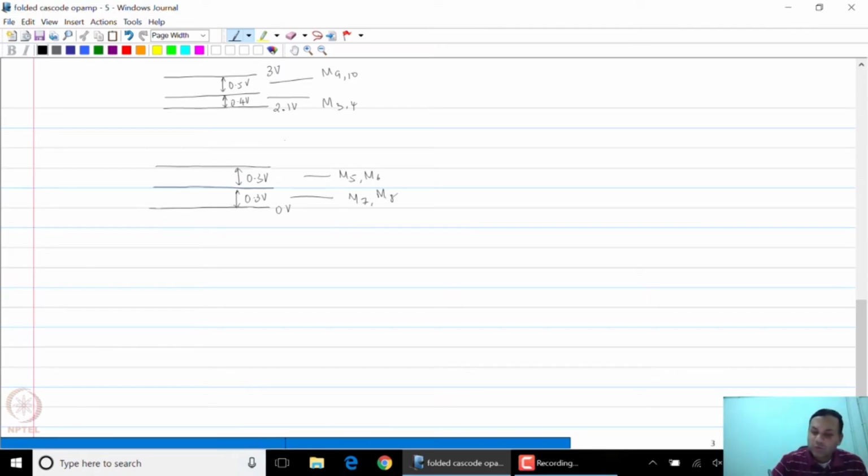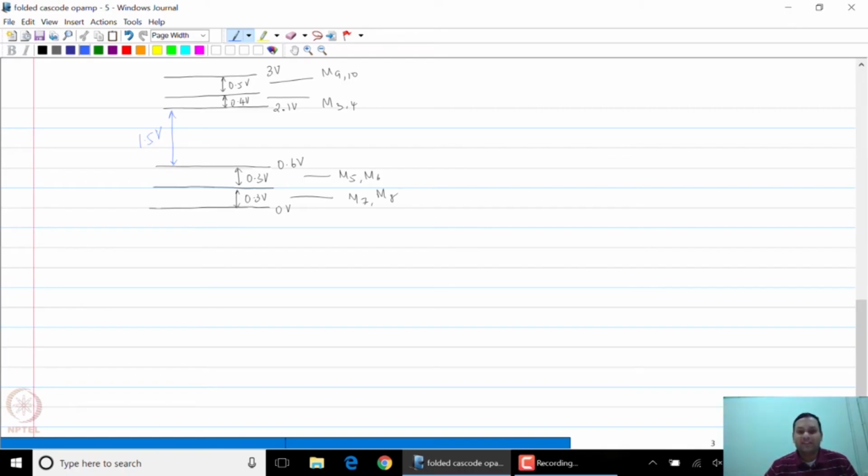Therefore the lowest level is at 0.6 volts. That gives us 1.5 volts of allowable swing, which is exactly what we wanted. We have 1.5 volts peak to peak allowable swing.